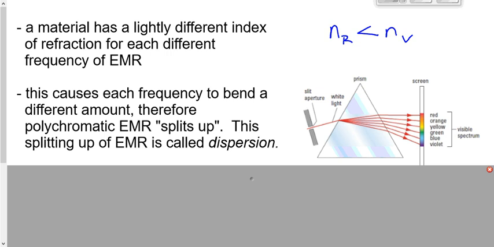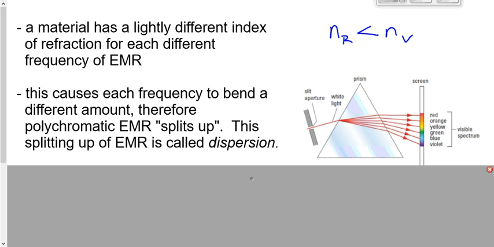And I can see that red light is on the top, violet light is on the bottom. Therefore, red light bends less than violet light. Therefore, the index of refraction of the glass must be less for red than it is for violet. Low frequencies produce smaller indices of refraction. High frequencies produce larger indices of refraction.